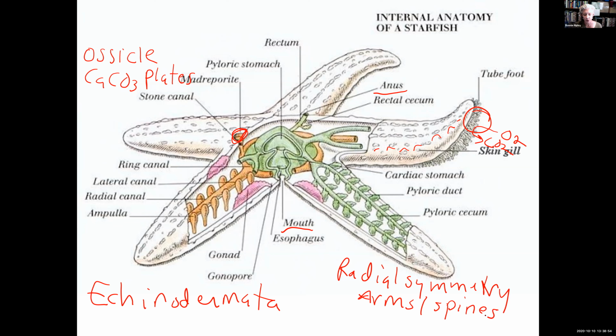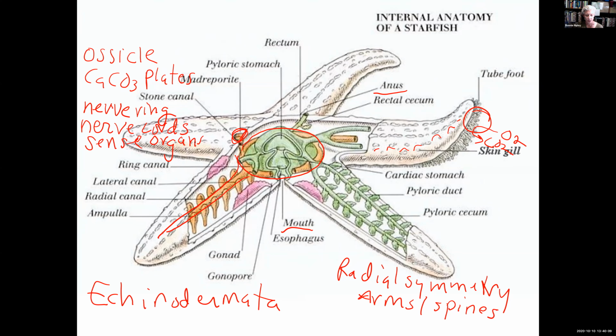Their brain is just ring-shaped instead of being in one blob. And they have nerve cords down each arm. They may have sense organs at the tips of the arms, such as able to tell differences between light and dark. And they can tell if things are sitting on top of them, like if there's algae on top of their spines, they'll move it off. So they do have a nervous system that reflects their overall body pattern in the structures that it has.